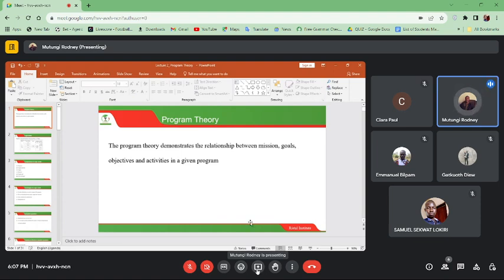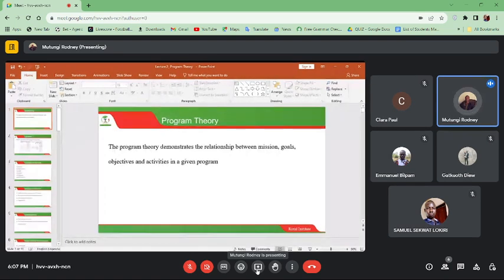So before I go on, I wanted to show us this illustration. Are you still seeing my screen? Yes. Are you able to see that results chain or logical model?